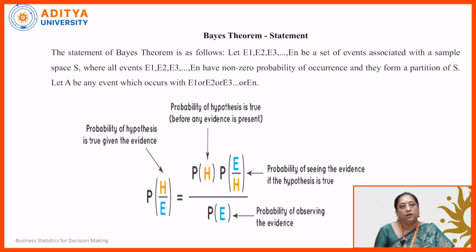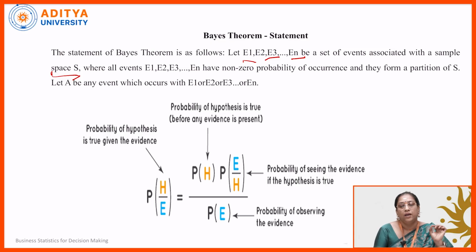Bayes' theorem is used even for n events. For example, there are n different events like E1, E2, E3, and so on up to En, which form the sample space. All these E1, E2, E3, up to En are disjoint events of the sample space S with non-zero probability.